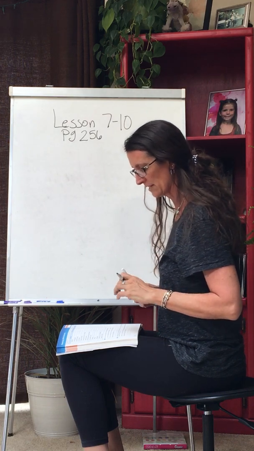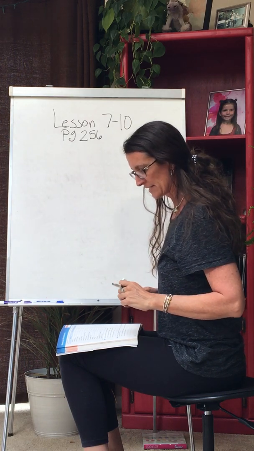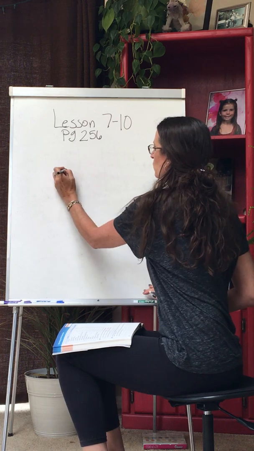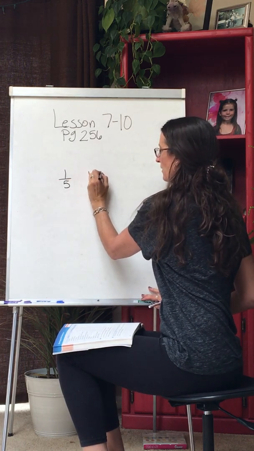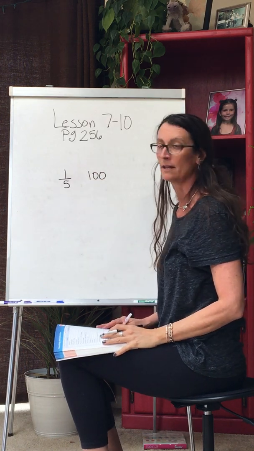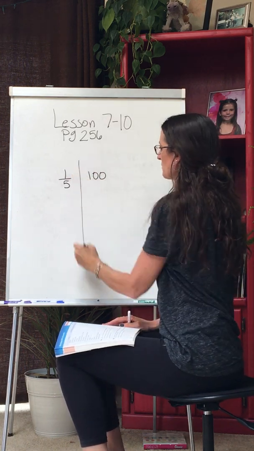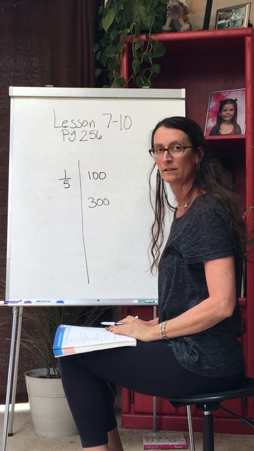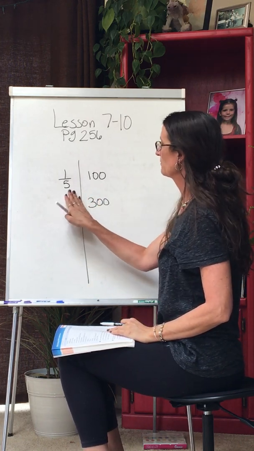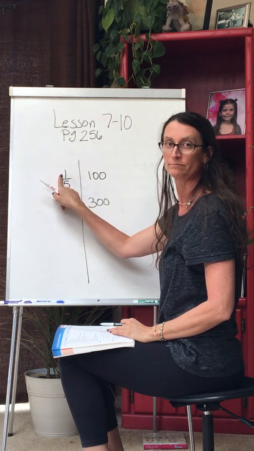If we look at the table, it says playing kickball takes 1/5 of an hour to burn 100 calories, okay? If we want to burn 300 calories, how many of these are we going to have to do?